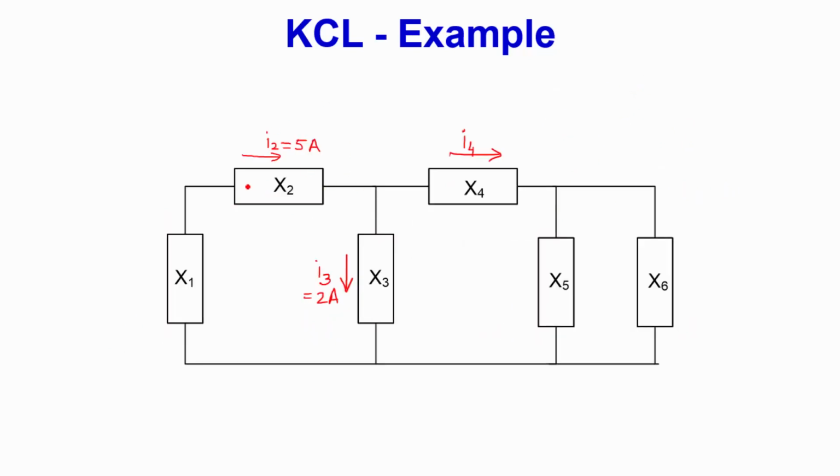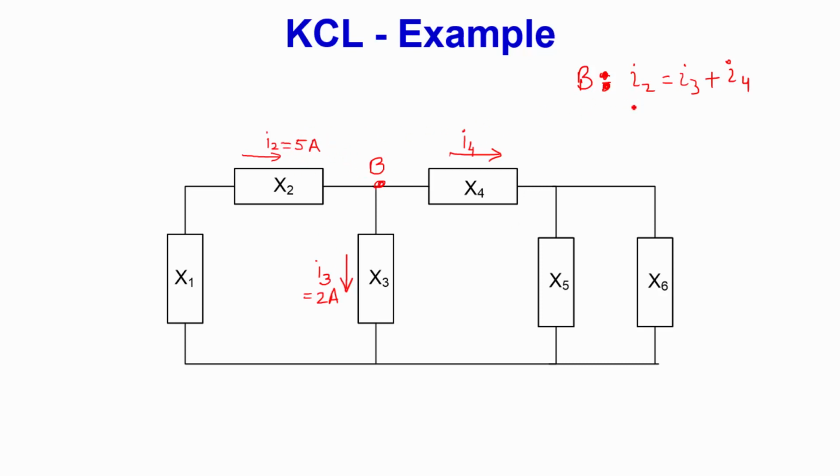Now let's look at this scenario where for node B, we are given some actual numbers. So again, for node B, the equation was the current entering node, which is I2, that is equal to I3 plus I4. So I2 equals I3 plus I4, and this is not the equal to sign. We're just writing the equation for node B. Now, since we know the values for I2 and I3, let's put them into this equation.